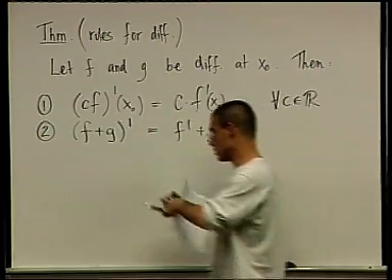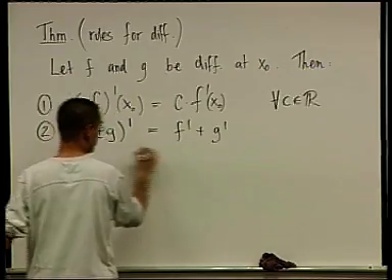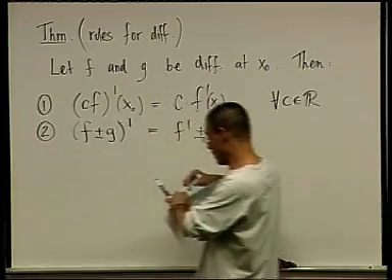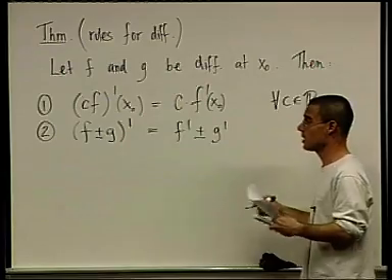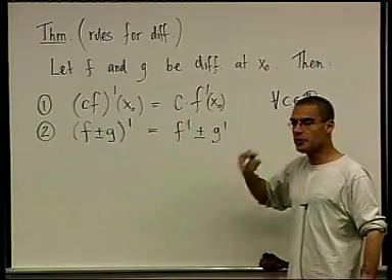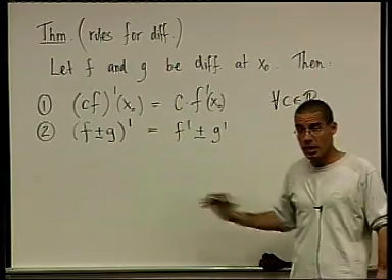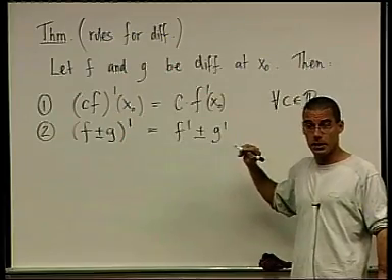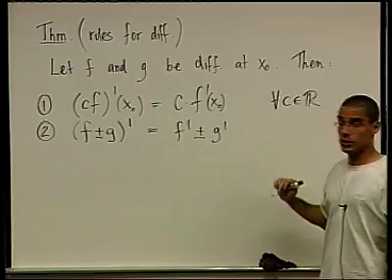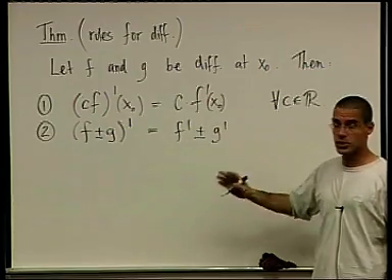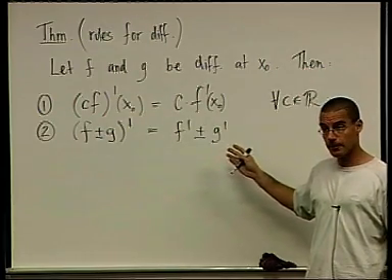And likewise, you can write it for minus. If you want to prove number 2, for example, or number 1, it follows immediately from the definition of the derivative using the limit. You can easily prove these on your own. These are completely straightforward. Okay?